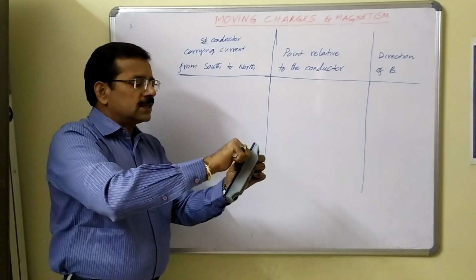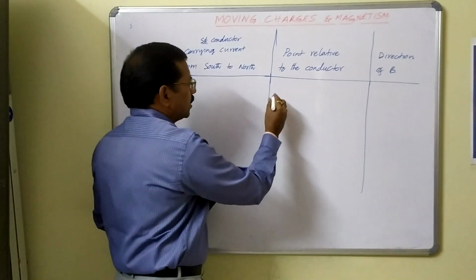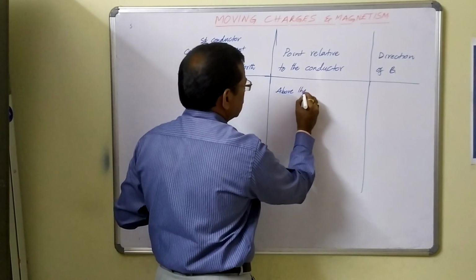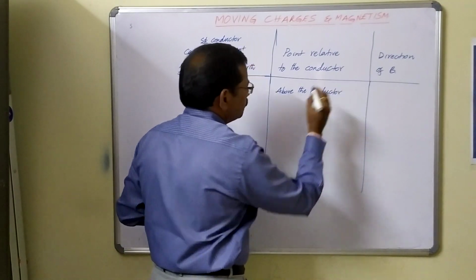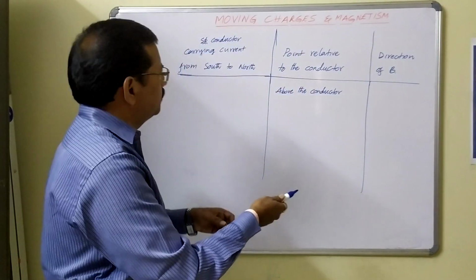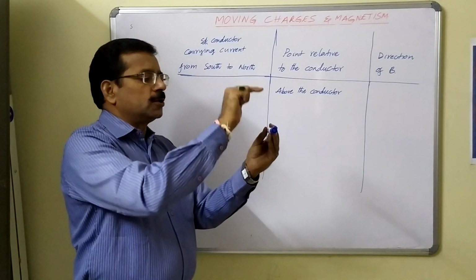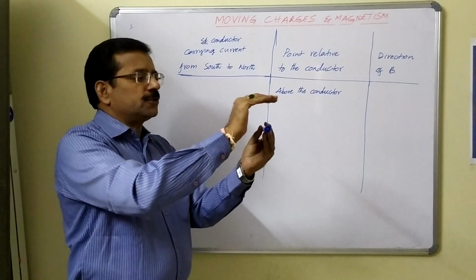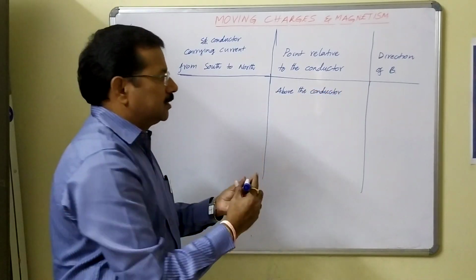So here you consider a point vertically above this conductor. This is the conductor carrying current from south to north. If we consider a point above this conductor, the field lines curve like this. At this point, if you draw a tangent, it is to your right, that is towards east.